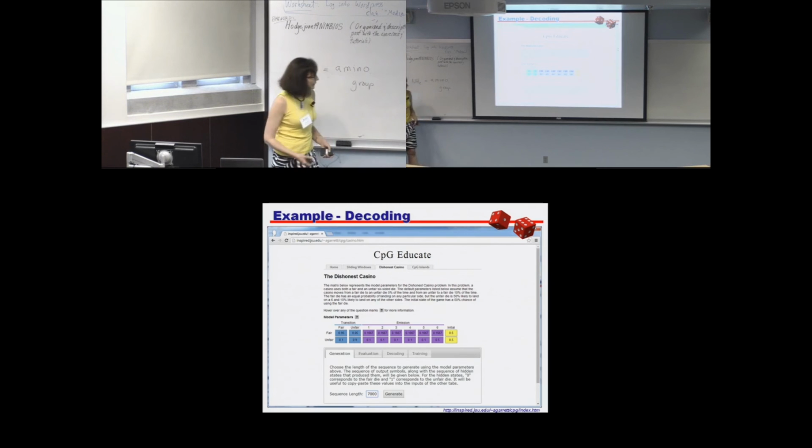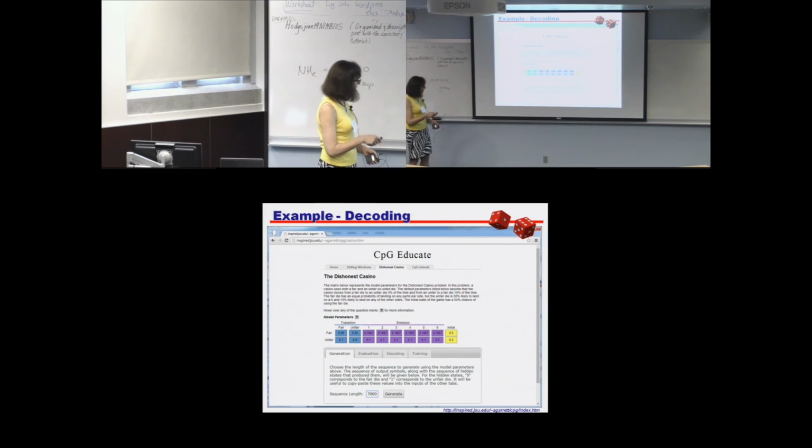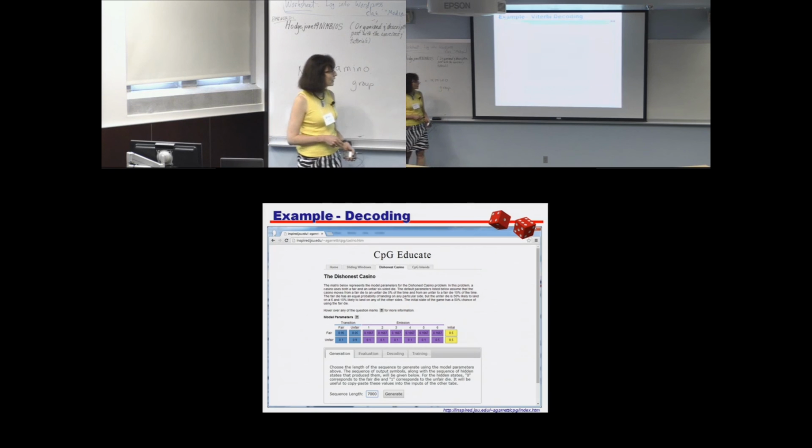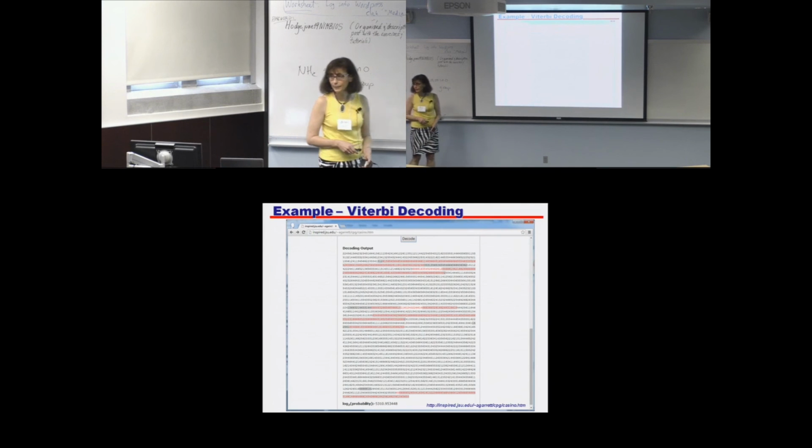And the cool thing is that you can generate a sequence. So here I've generated, if you go under generation, you can generate a sequence of any length. There is really no limit, so you can generate large sequences. And then you can go to the evaluation tab, and you can paste this generated sequence there and try to decode it.